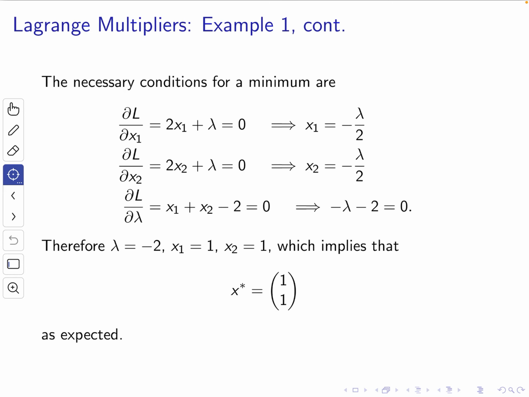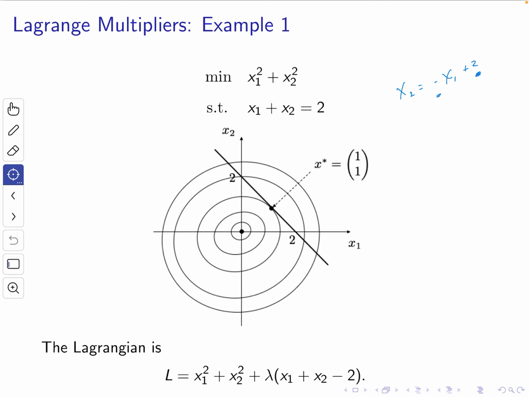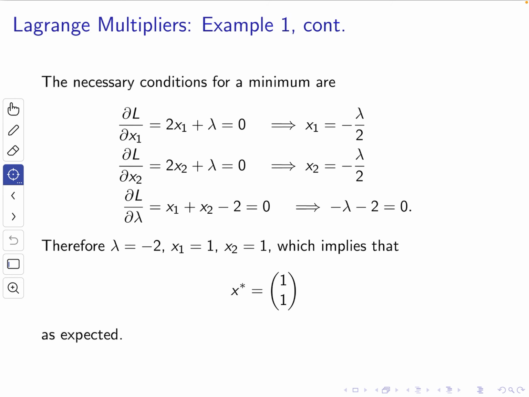Now I know that my necessary conditions say that the partial of L with respect to x1 has to be 0, the partial of L with respect to x2 has to be 0, and the partial of L with respect to lambda has to be 0. The partial of L with respect to x1 is going to be 2x1 plus lambda, and that has to be equal to 0.